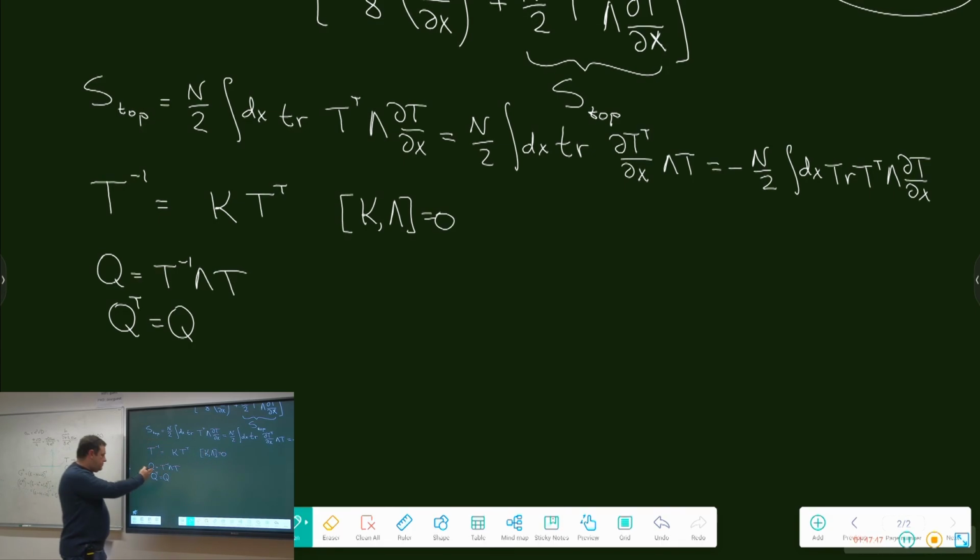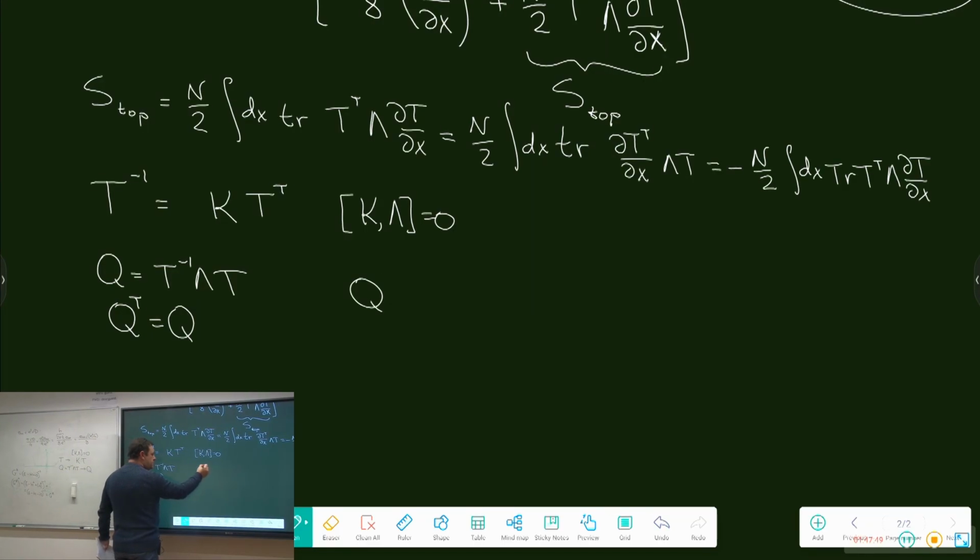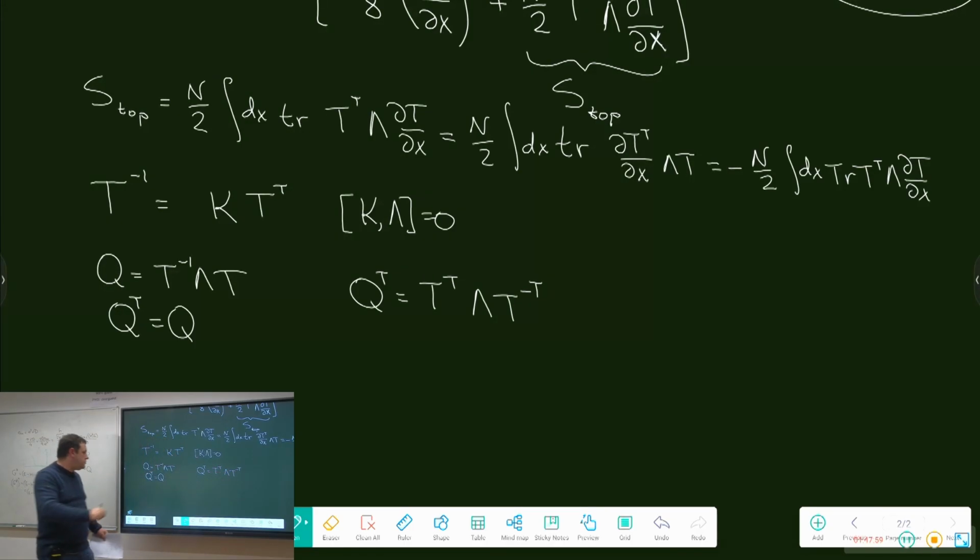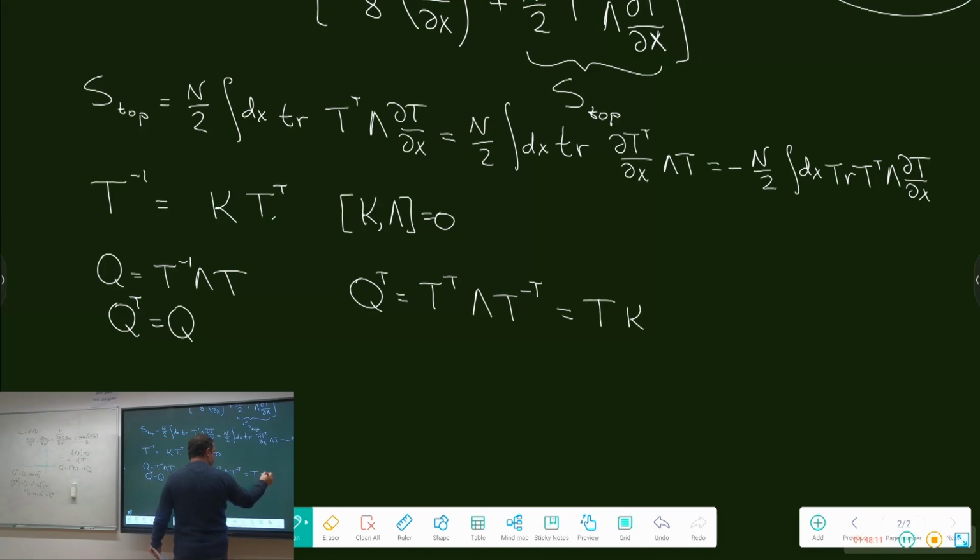We can check. Q transposed equals, let's transpose this thing. T transposed lambda T inverse transposed, right? Oh, sorry. Yeah, no, that's correct. Now, T inverse transposed according to this is T K inverse transposed times lambda and T, sorry, I got lost.